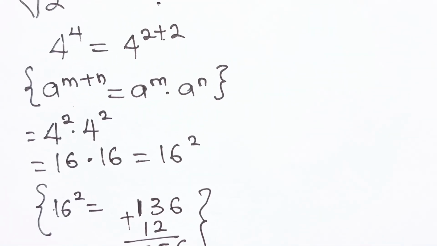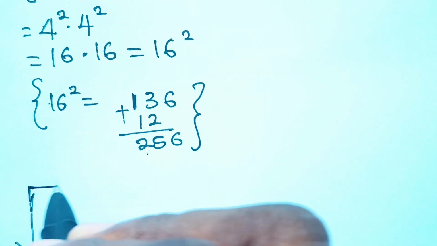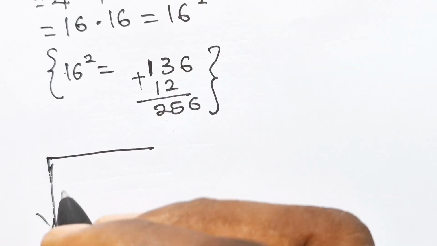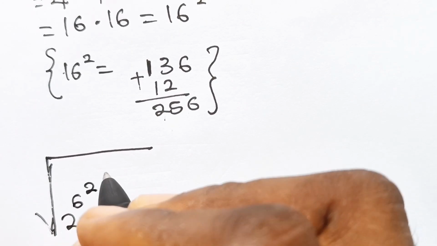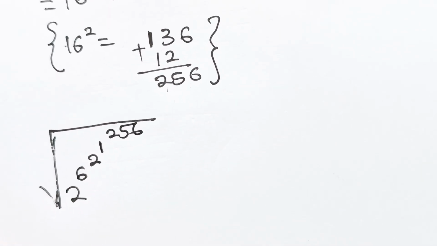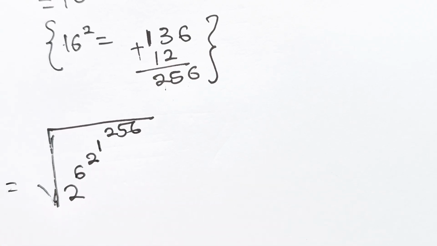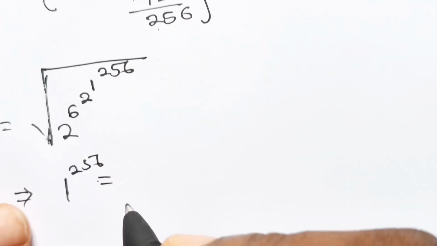So we now write the equation to be the same as the square root of 2 to the power of 6 to the power of 2 to the power of 1 to the power of 256. Now 1 to the power of 256 is equal to 1.